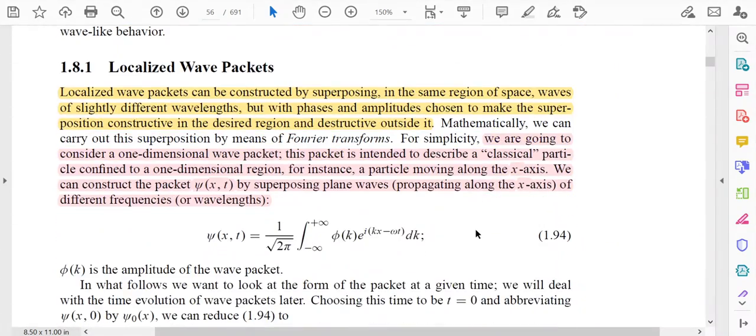Now I will discuss the concept of localized wave packets. So how can we construct localized wave packets? Localized wave packets can be constructed by superposing in the same region of space waves of slightly different wavelengths, as we have already discussed, but with phases and amplitudes chosen to make the superposition constructive in the desired region and destructive outside it.